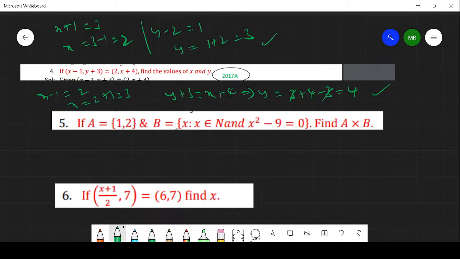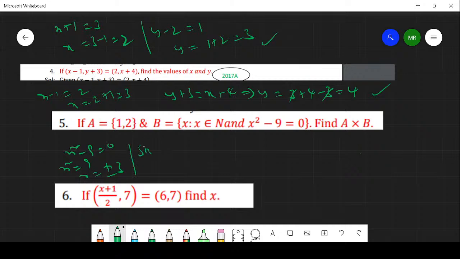We know A is equal to {1, 2}. For B, to write the roster form, x square minus 9 equal to 0 is given. So x square is equal to 9, x equals plus or minus 3. But it is given that x is a natural number.